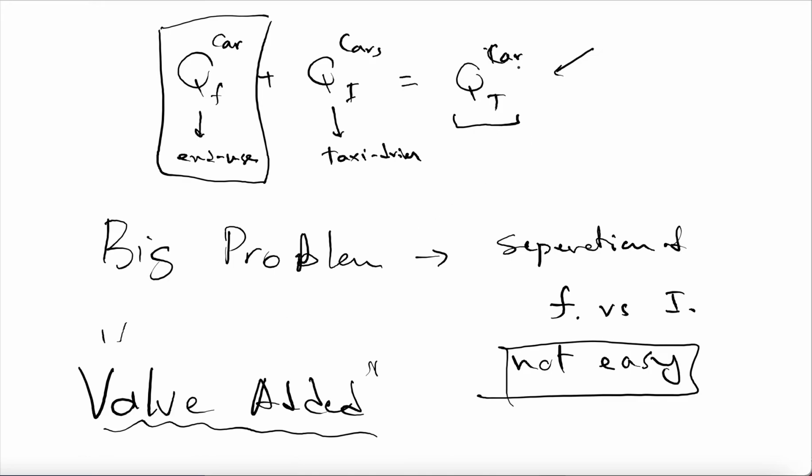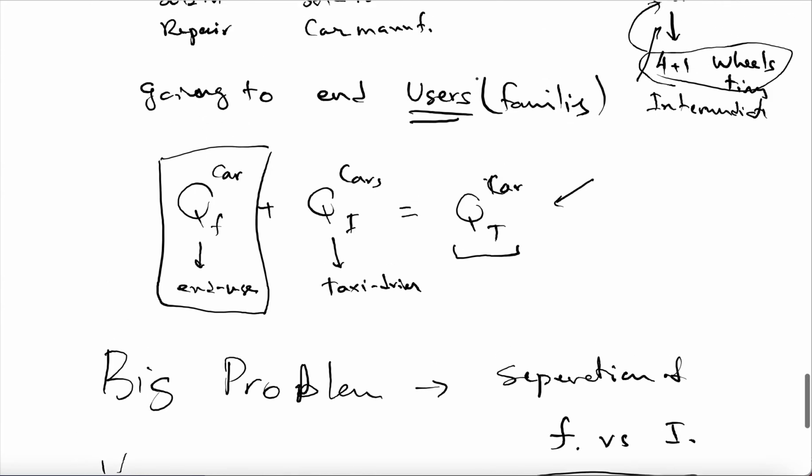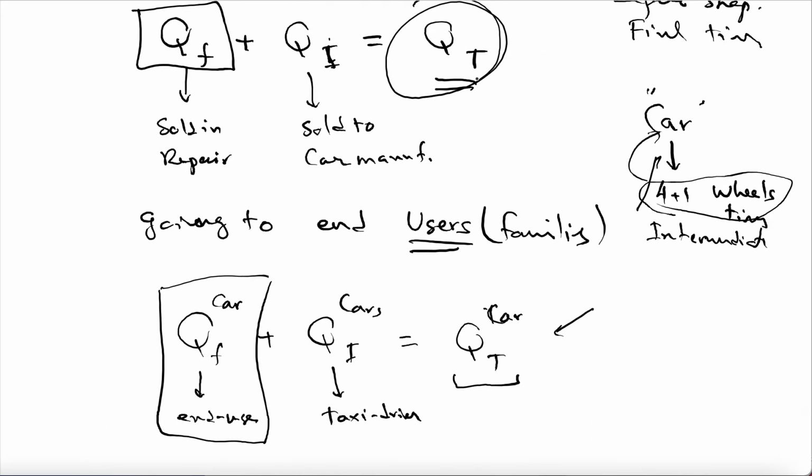If we use the total cars and total tires, the GDP is going to be larger because we are repeating the count: once the value of the tires inside the new car we purchase, and again the value of the tires being used.